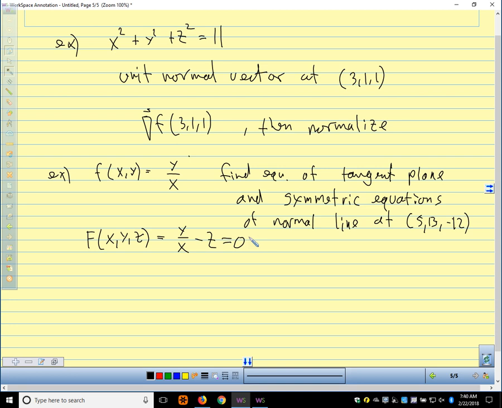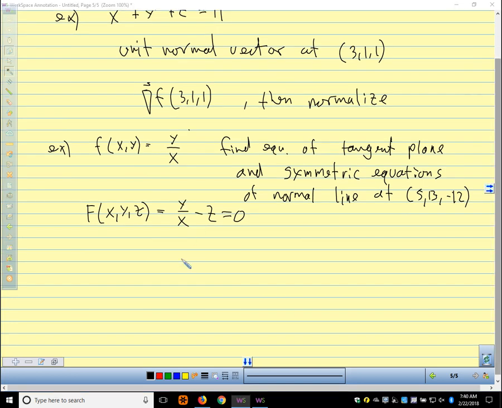That's going to be our F of x, y, z equals a constant, because f of x, y we can think of as z. So del F is going to give us our normal vector. I've capitalized it because this F is different than that f.